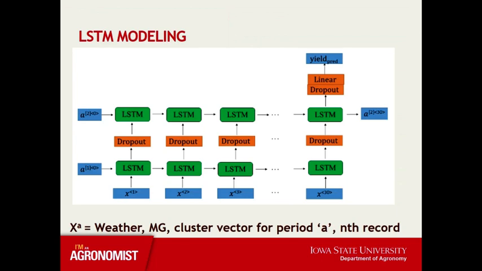It performs modeling for those traits for, in this case, the first week, and then it moves on to model those and determines which variables are or are not important at that time point before moving the important ones to the next step, feeding in new information, modeling it again with those, and then determining at that point: are the old ones still relevant? Are the new ones relevant? And continuing to move on until we have a subset of only the variables that are actually predictive. And it goes into a linear dropout at the top and gives you the output yield prediction.